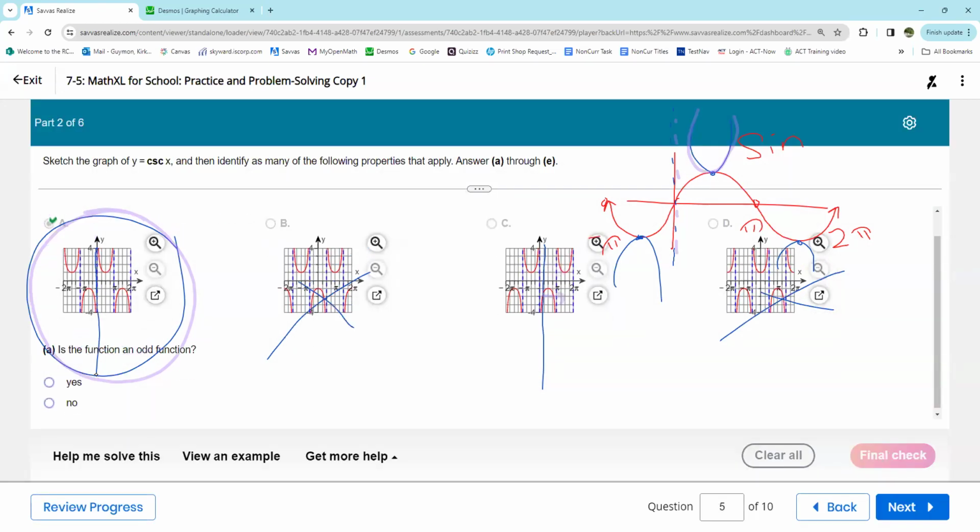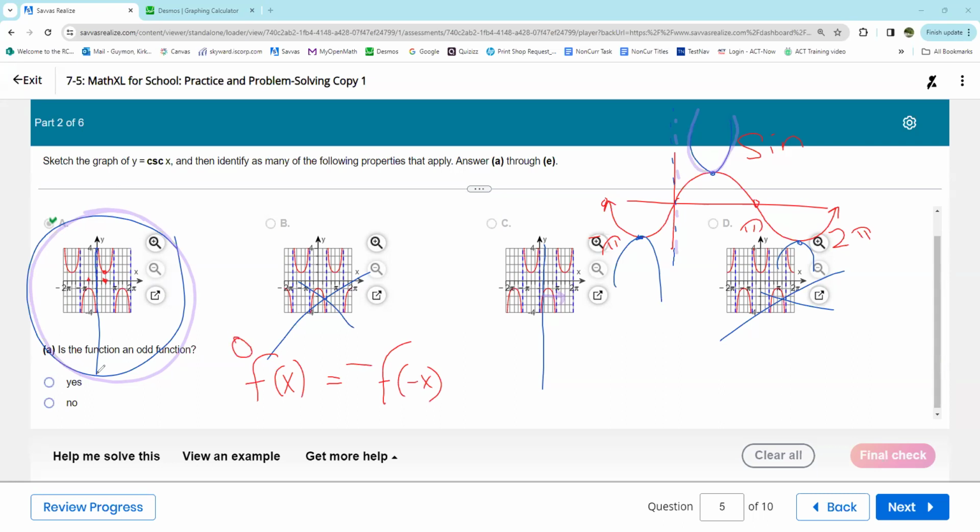Is this function an odd function? Remember, for an odd function, for each x that you put in, you also put in the opposite of x. So if I put in an x and I put in a negative x, that means if I go over here to this value, there's a low point, and I go to its opposite on the exact other side.